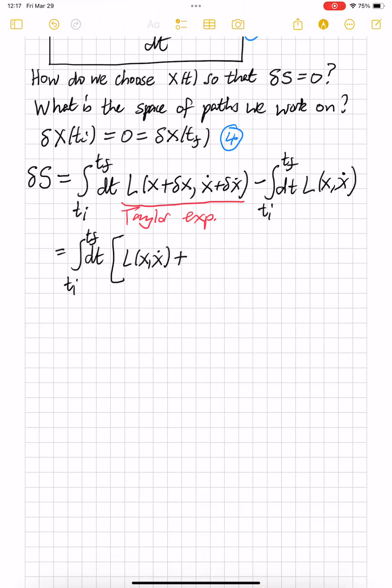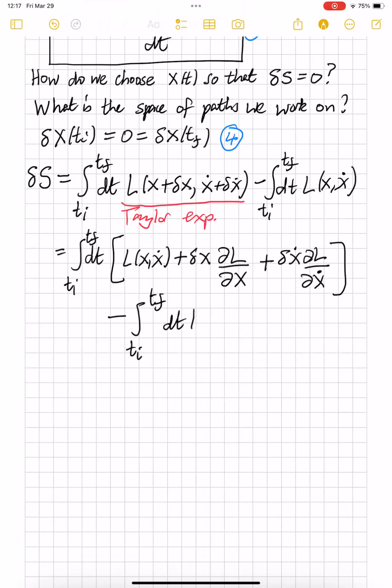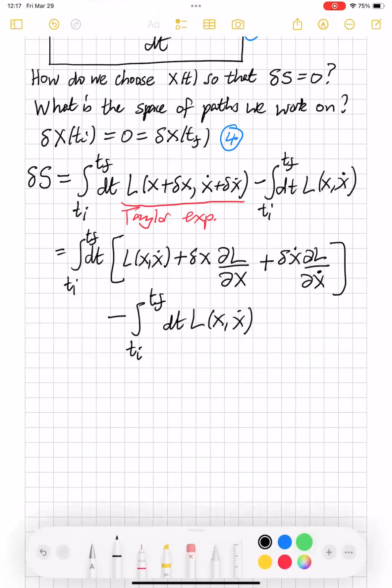Then I've got plus delta x dL/dx plus delta x dot dL/dx dot. So that's the first order Taylor expansion. We're just working to first order because it's to first order that delta S is 0. And then we'll subtract minus the integral from the initial time to the final time dt of L of x and x dot. So we immediately see one nice simplification, which is that this term over here cancels against that term over there. Good.